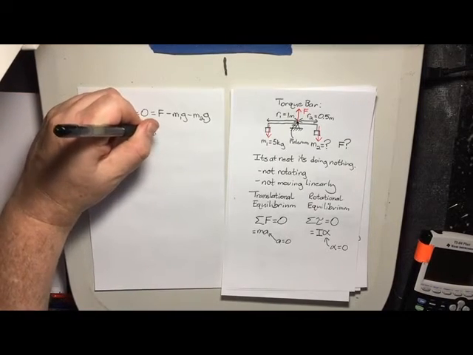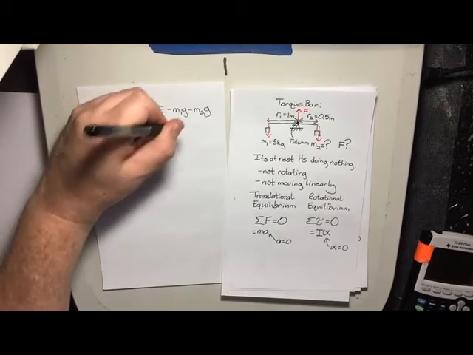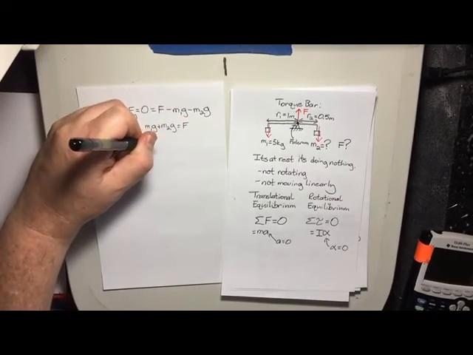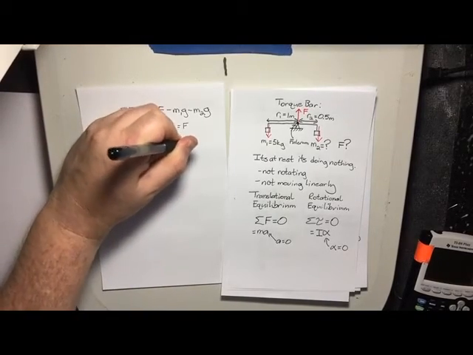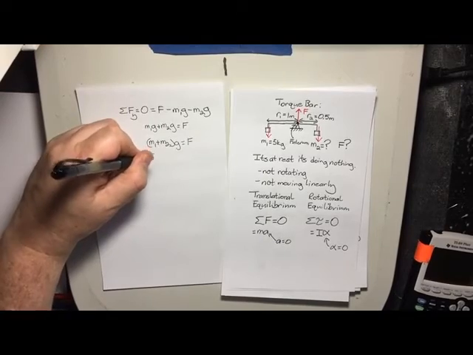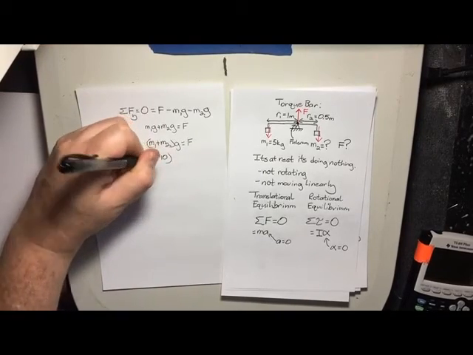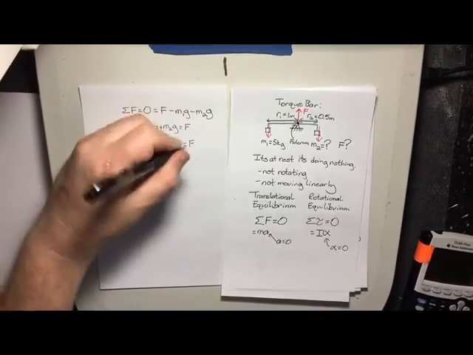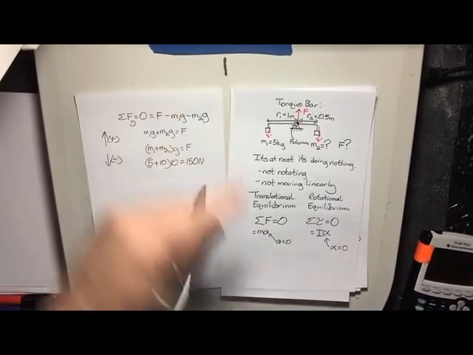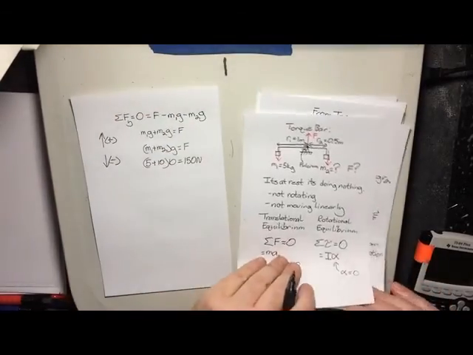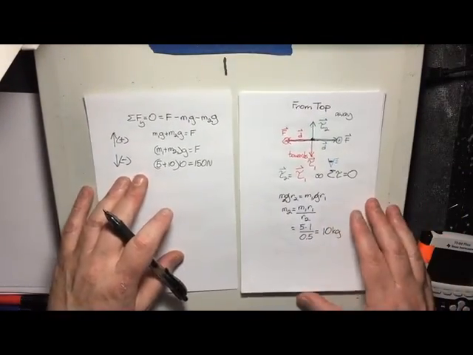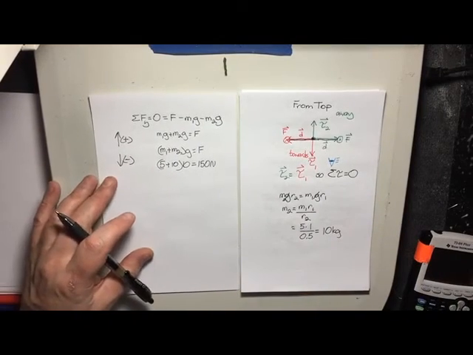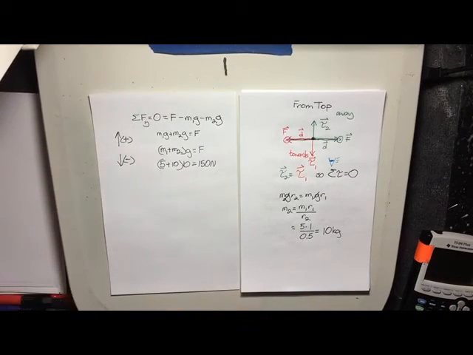So M1G plus M2G is equal to F. And M1 plus M2 times G is equal to F. So 5 plus 10 times 10 is equal to 150 newtons. Because M2 was 10 kilograms, so we got 150. So that is the force of the fulcrum on the bar.